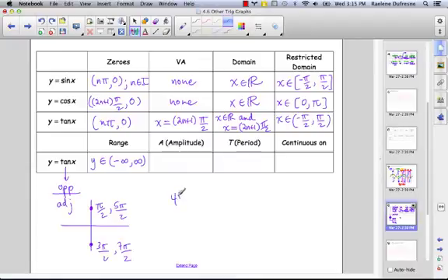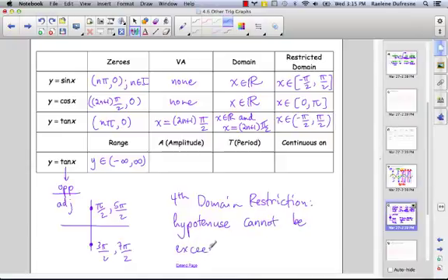And our fourth domain restriction states that the hypotenuse cannot be exceeded. And if the hypotenuse cannot be exceeded, but it is not part of the definition of the tangent function, we ask, is there any restriction on how big the opposite side of a triangle can be compared to the adjacent?